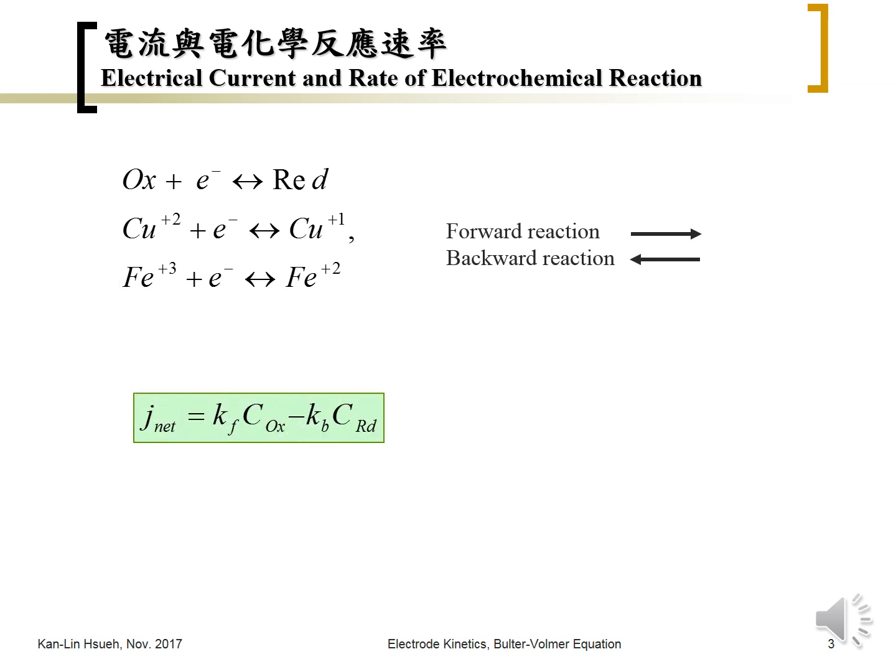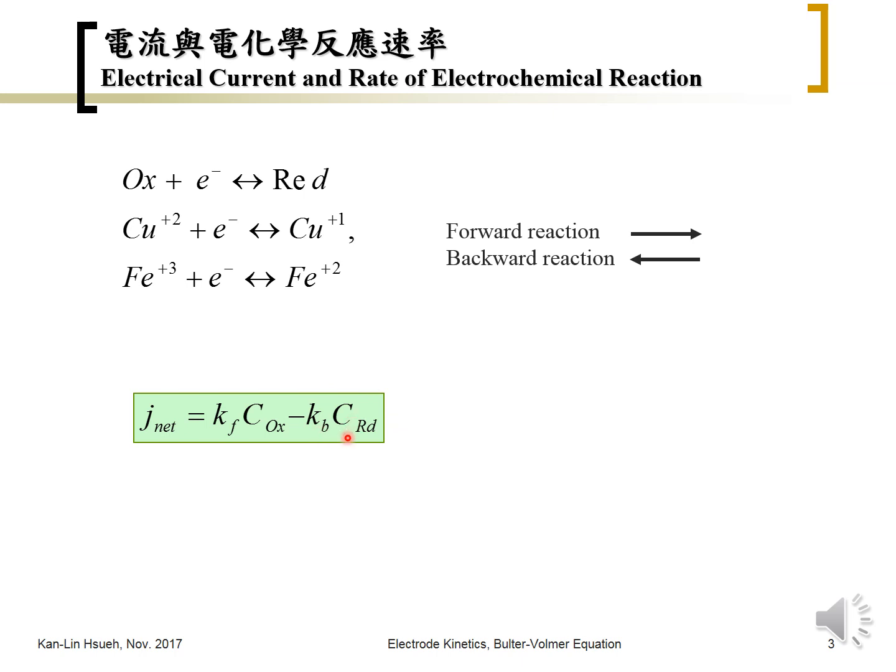So we can write the net electrochemical reaction rate as equal to the forward reaction rate, which depends on the concentration of the oxidizing species times the forward rate constant, minus the backward reaction rate.